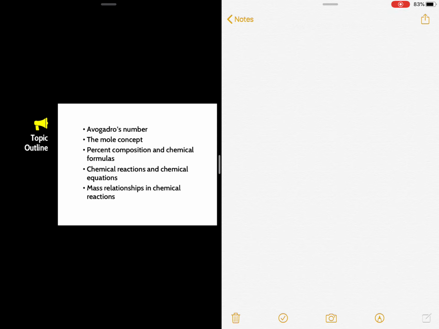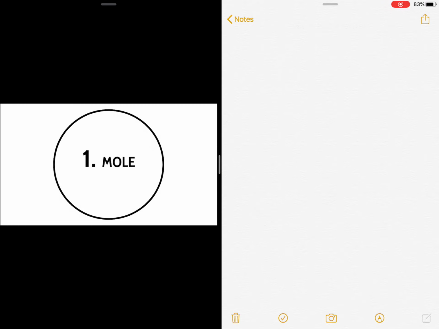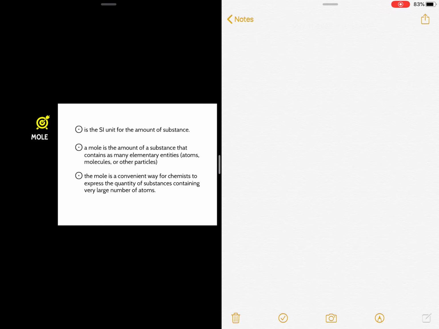Okay? So for today, we'll discuss the basics muna, the mole. I know you've already heard about this. It's the SI unit for the amount of substance. A mole is the amount of substance that contains as many elementary entities, atoms, molecules, or other particles. Basically, it's the unit for the amount of substance.